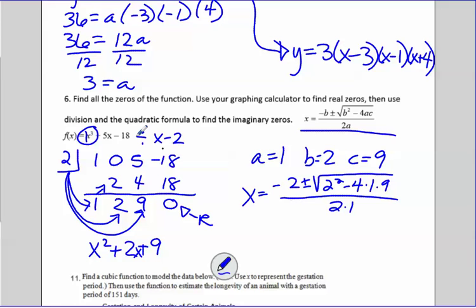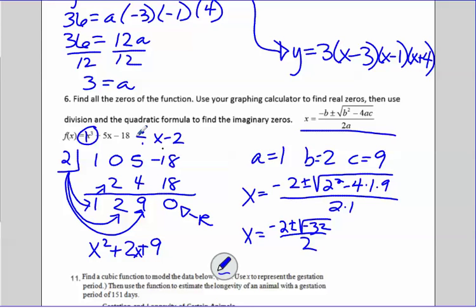Alright, so my discriminant is 2 squared minus 36, so that would be negative 32. So I have x equals negative 2 plus or minus the square root of negative 32 over 2.